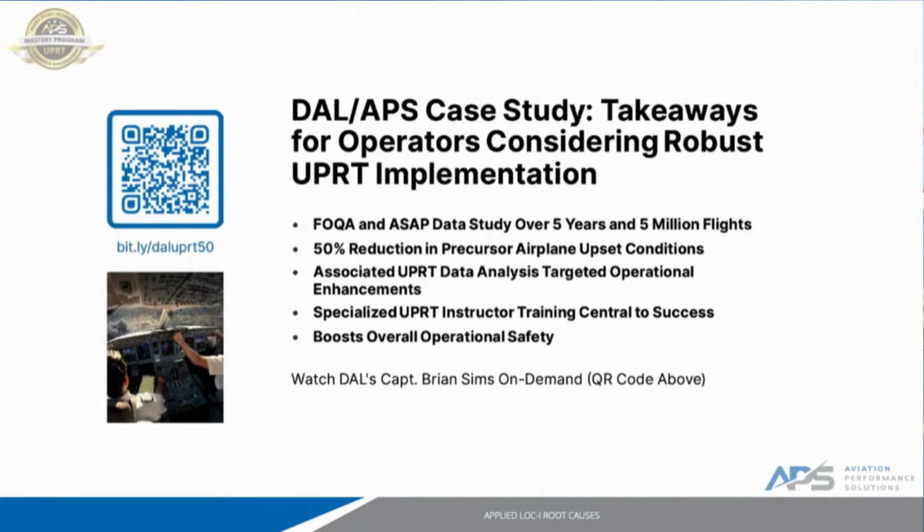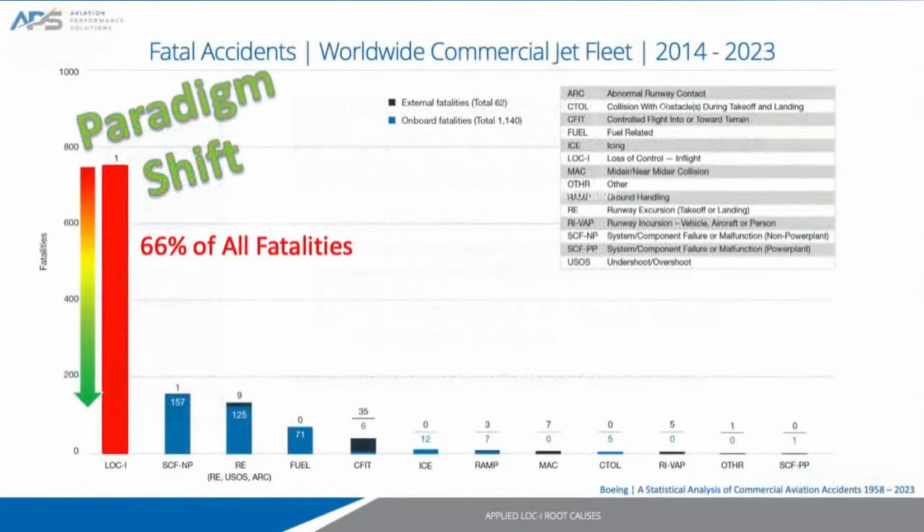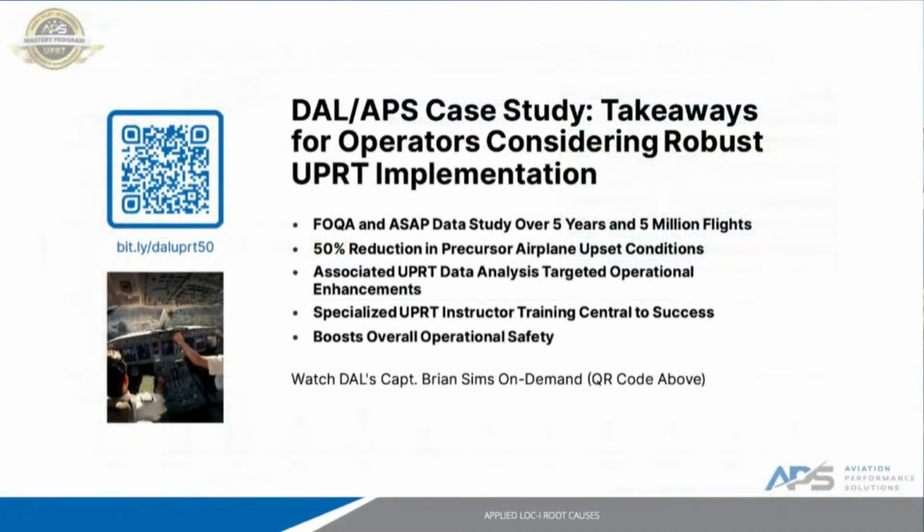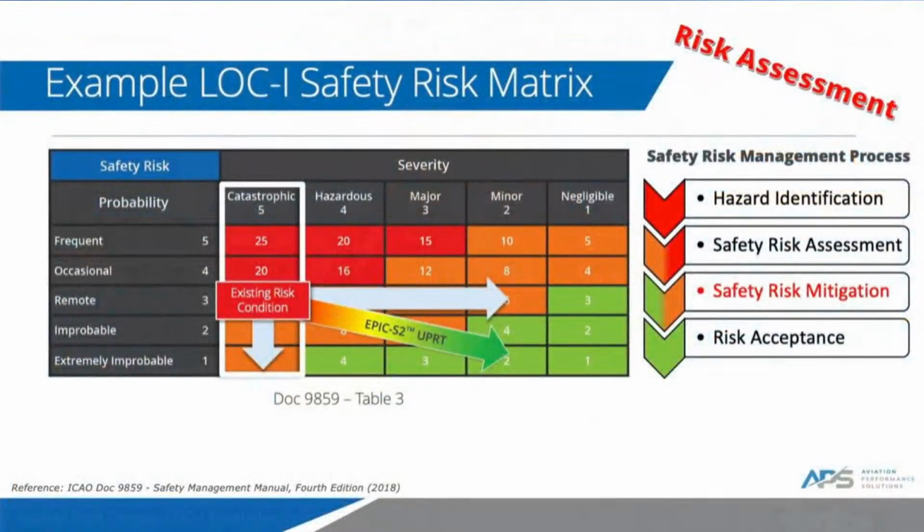Pretty amazing when you think about taking that big red column on the left of the statistics and essentially chopping it in half with a very effective, very intentional program, done well, done properly, attributable to not just the UPRT program, but the really incredible leadership by Captain Brian Sims at Delta Airlines. He is just a fantastic leader and truly a leader in the global airline industry, effectively implementing upset prevention and recovery training to overcome the threat of loss of control in flight. So this is what we're trying to accomplish, folks.